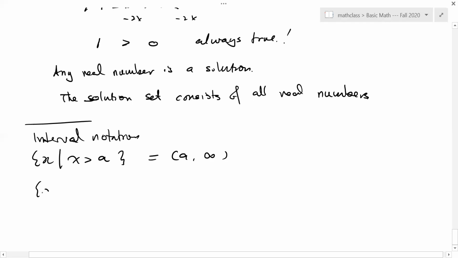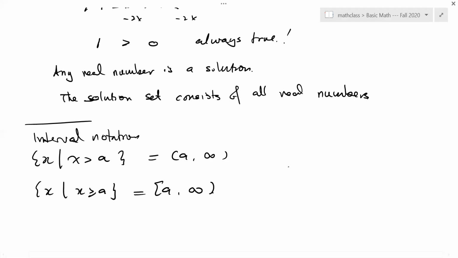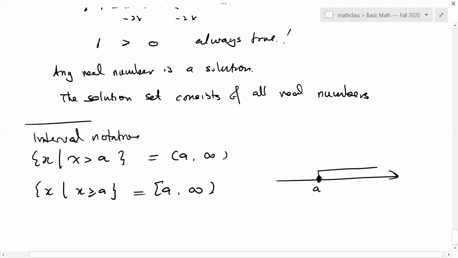So if x is greater than a, this inequality is equivalent to this interval. An interval is just a piece on the coordinate line. So here's a, and all the numbers on this side are the interval from a to infinity.